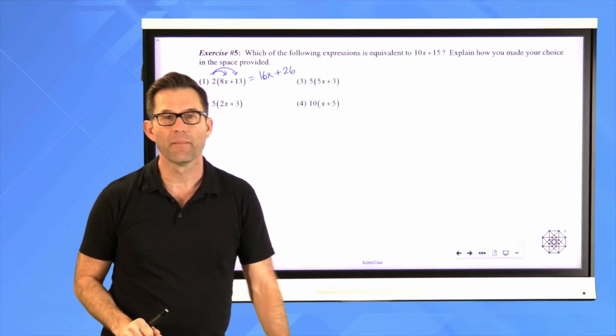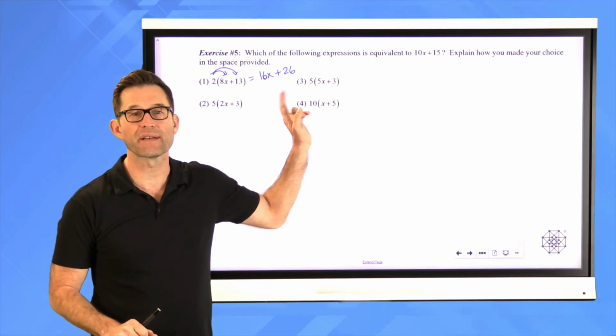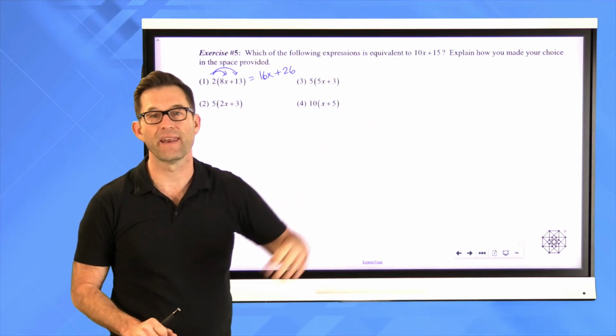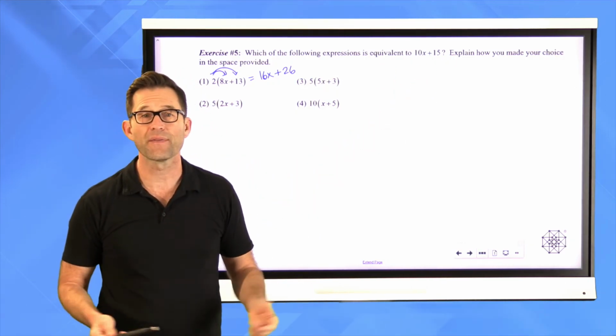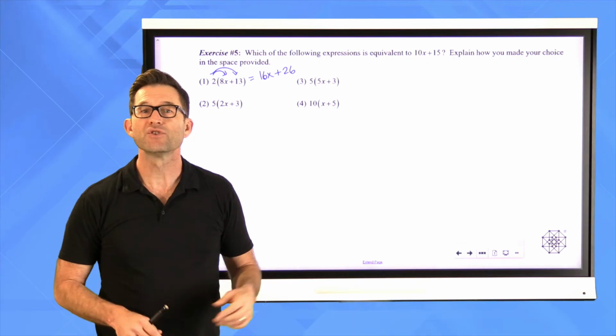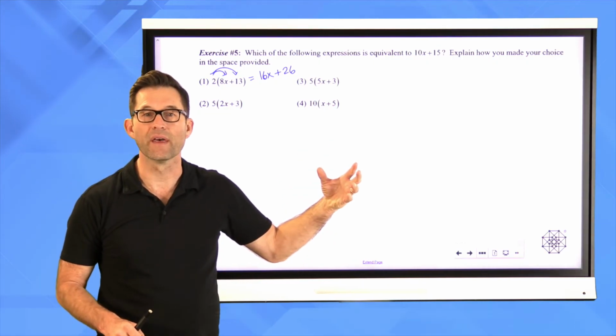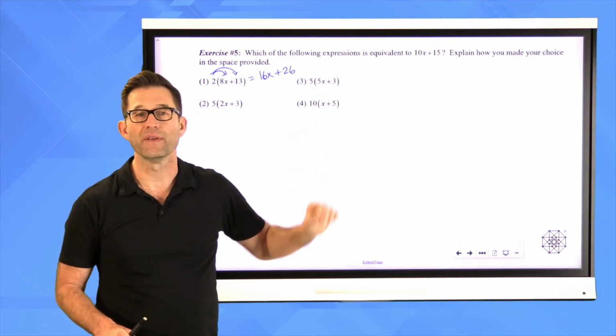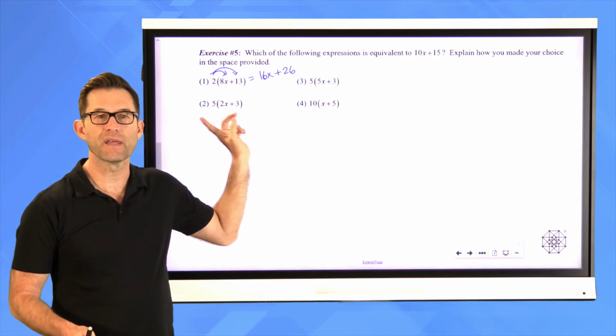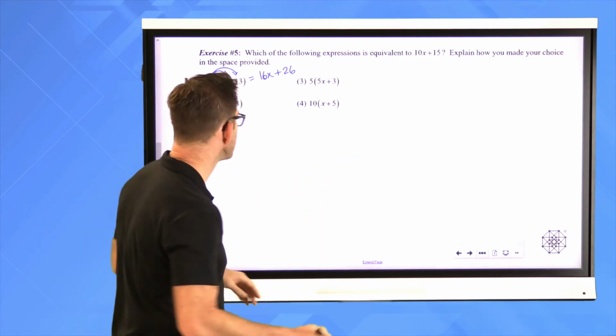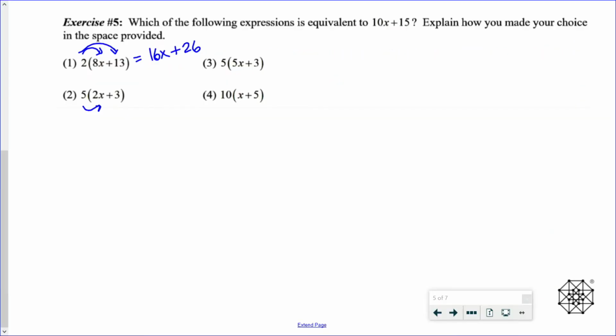Well, I might be crazy, but I don't think 16x plus 26 is equivalent to 10x plus 15. They're just not the same thing. Right? So I could go through each one of these things, multiply through each one of these constants, and what I'd ultimately find is that it's choice 2, right? I mean, in choice 2, if I multiply through by the 5, I'd get 10x plus 15, right? So it'd be choice 2.